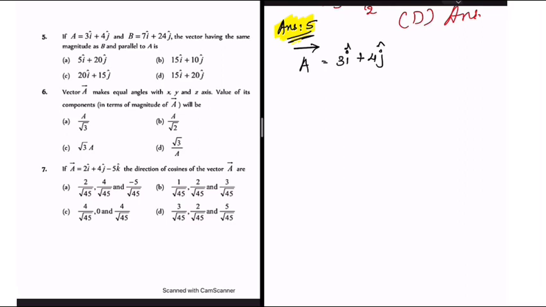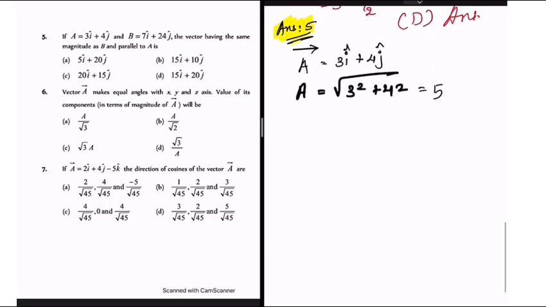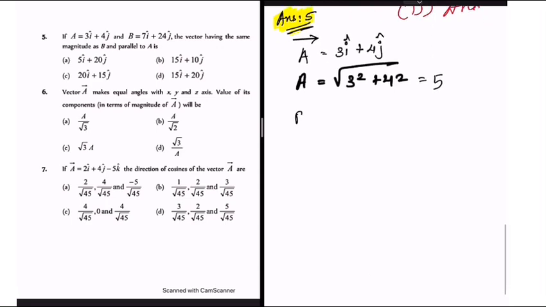Now B is also given. First, the magnitude of A. Magnitude of A is under root 3 square plus 4 square, which is 5. Magnitude of A is 5. Now B. What is B? Vector B is 7i cap, 24j cap.